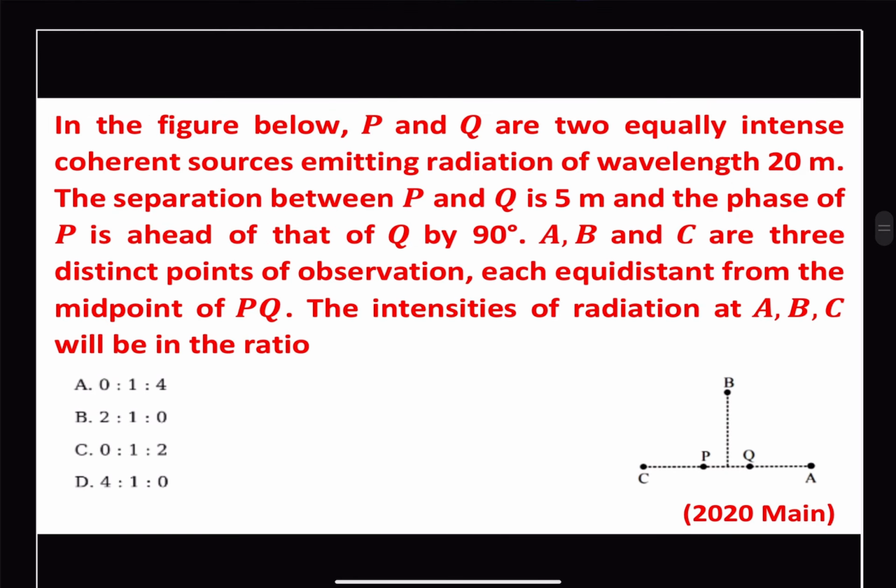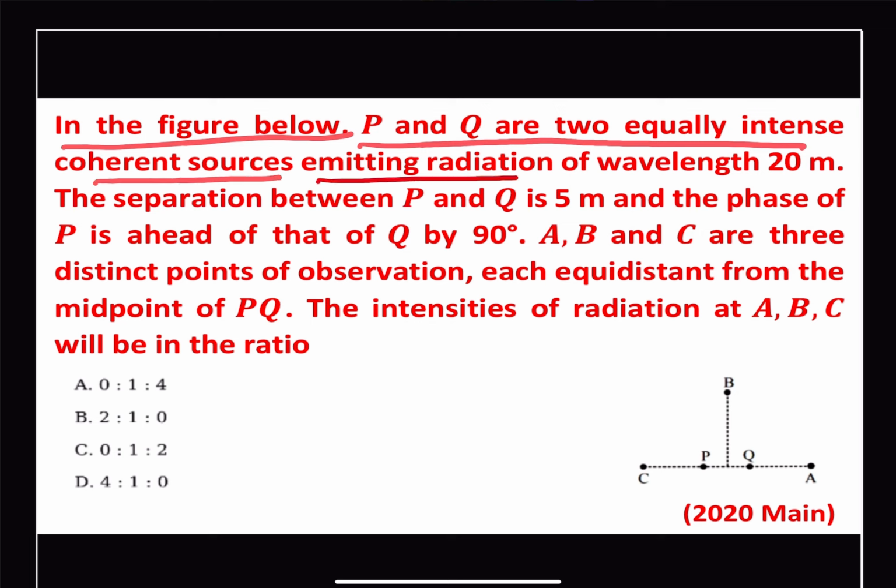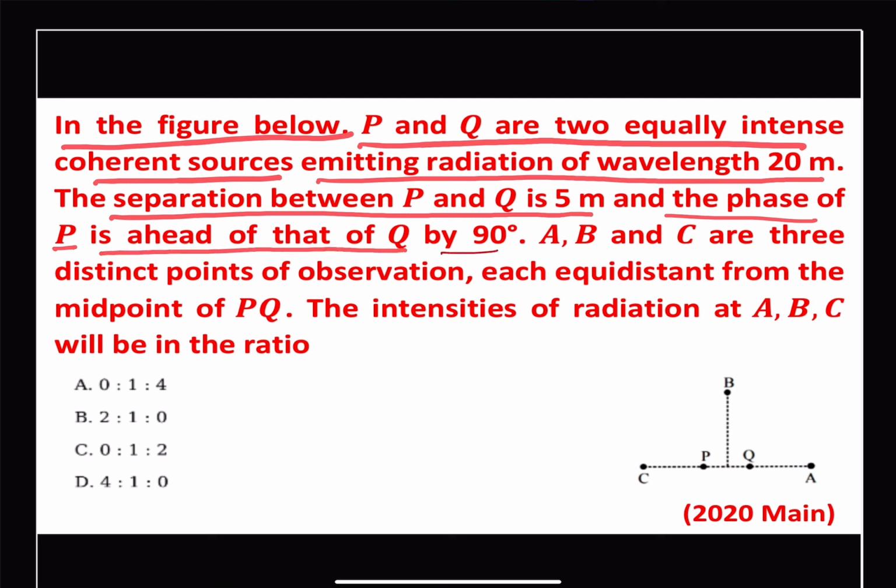It states that in the figure below, P and Q are two equally intense coherent sources emitting radiation of wavelength 20 meter. The separation between P and Q is 5 meter and the phase of P is ahead of that of Q by 90 degree. A, B, C are three distinct points of observation, each equidistant from the midpoint of PQ.